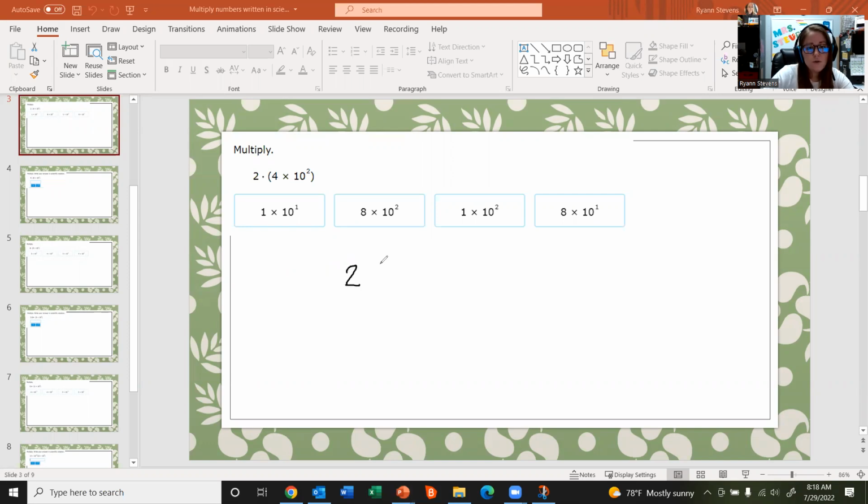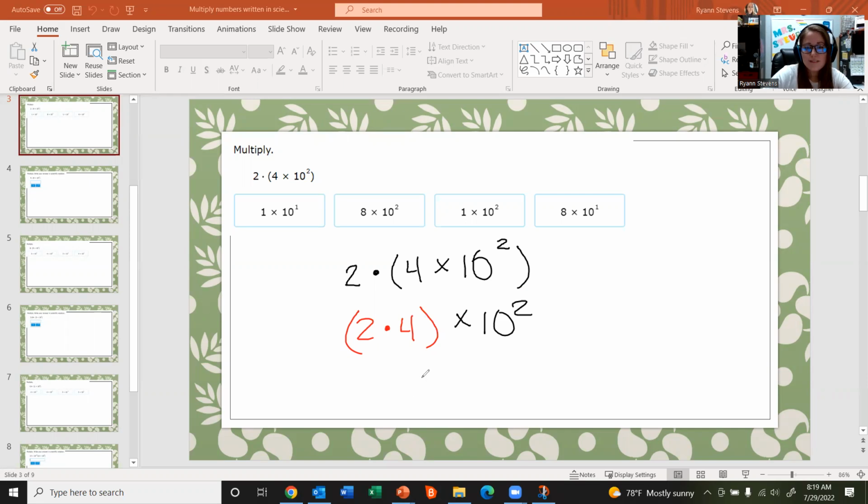So 2 times 4 times 10 to the 2nd power. And then I'm going to regroup these and I'm going to say 2 times 4. And then I'm going to leave this as times 10 to the 2nd power.